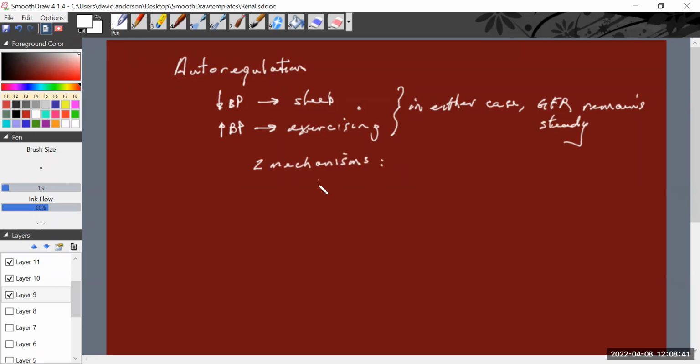And the first one is called a myogenic reflex or the myogenic mechanism. What that's telling us is that in the myogenic reflex, when blood pressure increases, smooth muscle in the wall of the afferent arteriole is going to be stretched.